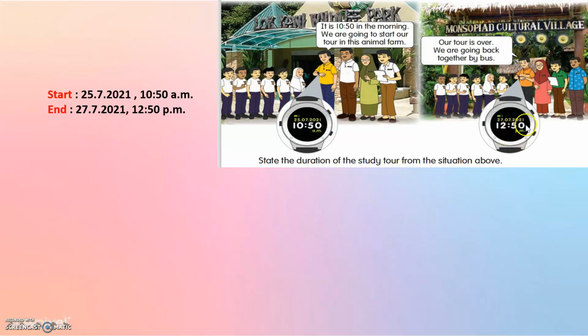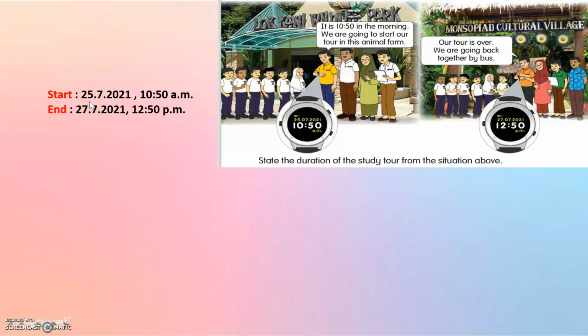That means afternoon. If we see both situations, the starting and the ending days and the time are different. Okay, first one, we should state the start and the ending.